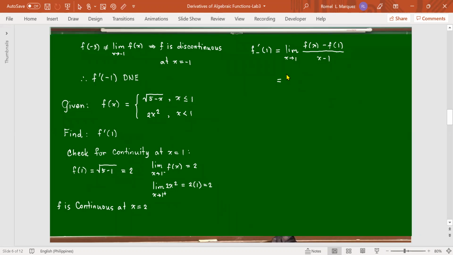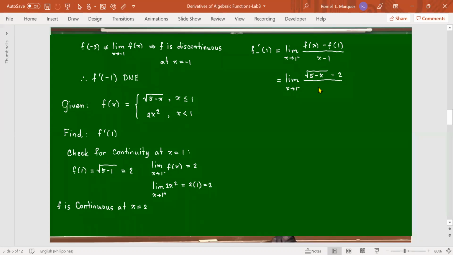Let's proceed. Limit as x approaches 1. What is f of x? We're going from the left of 1, so we use the square root. The value of the function we got already: 2.